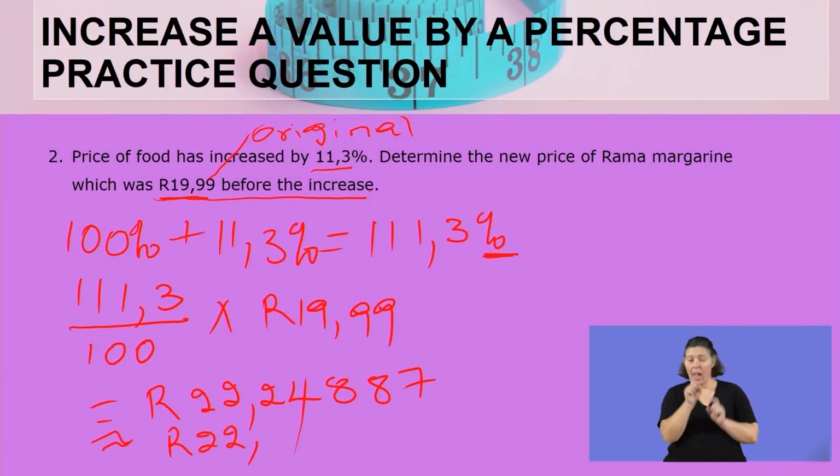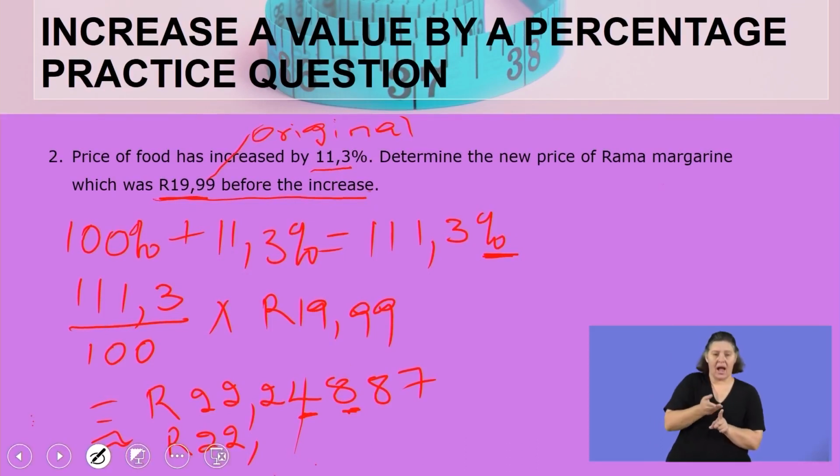Now remember the principles for rounding off again. We said when we round off, because we are rounding off the second decimal place, we should look at the third decimal place, which is the third value after a comma. The third value after a comma will tell us whether we are rounding up or rounding down. So just to review what we said previously, when we are rounding up or rounding down, the principles are the following.